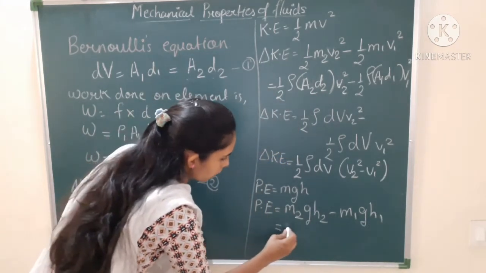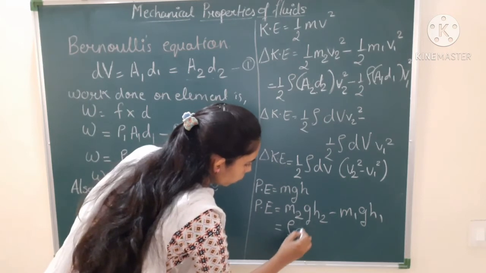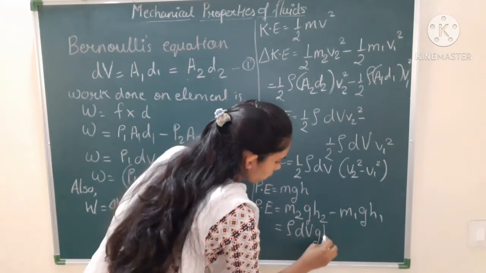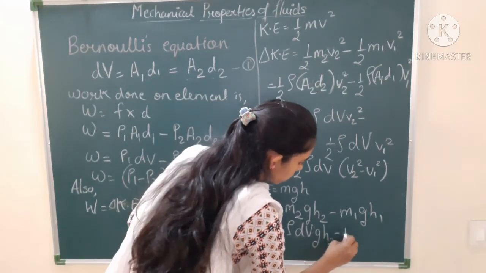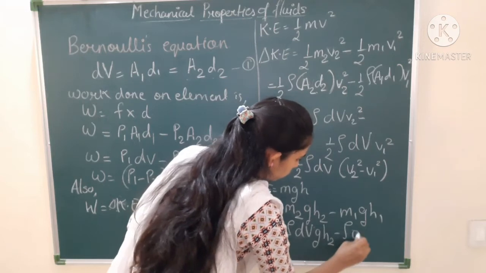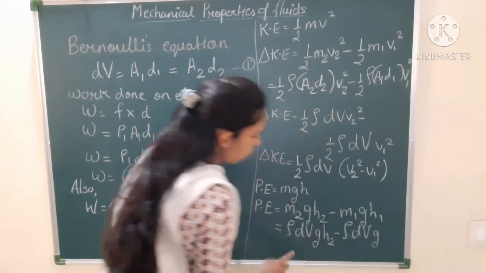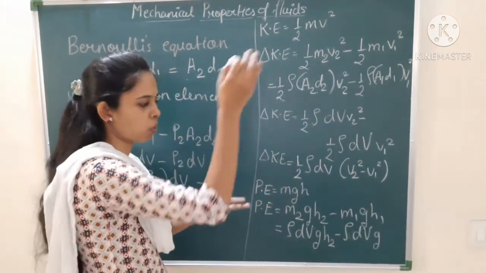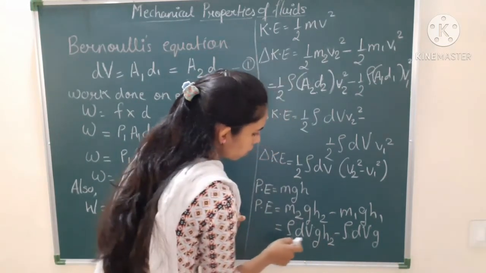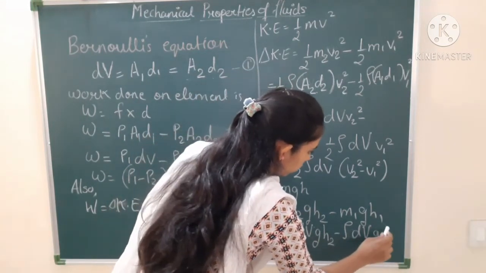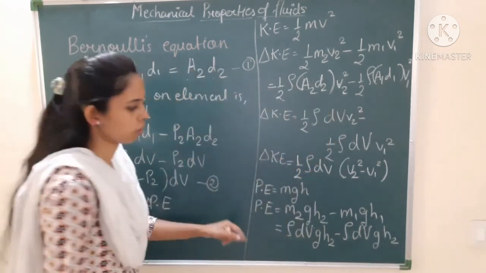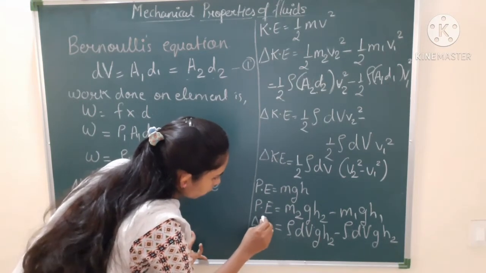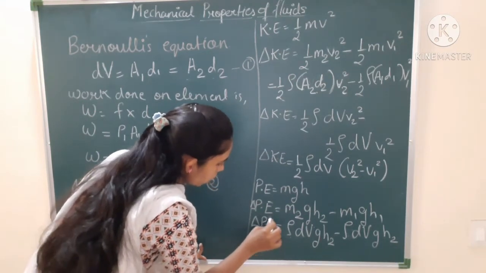Here mass is equal to rho into volume, so we are going to use rho dV g h2 minus rho dV g h1, because the mass which comes is the same mass of the fluid that goes to the second section. So therefore the mass will be the same. This is the change in potential energy.